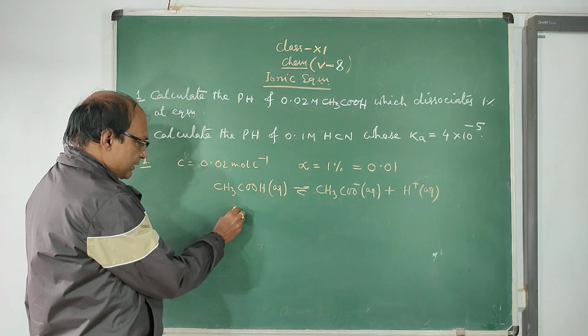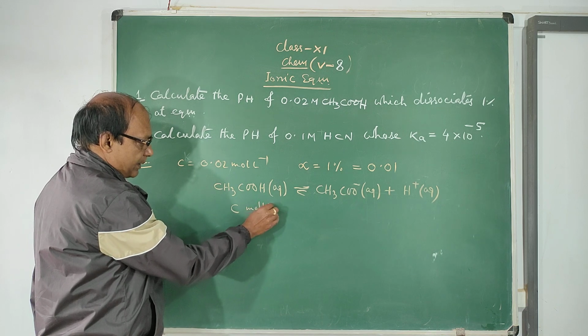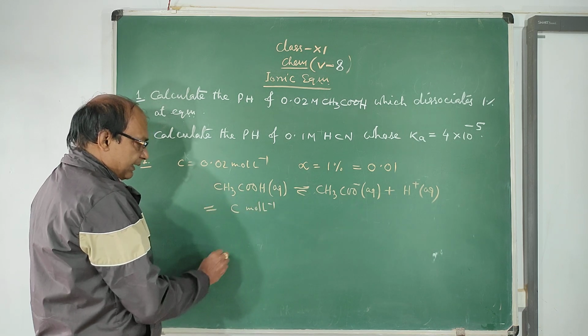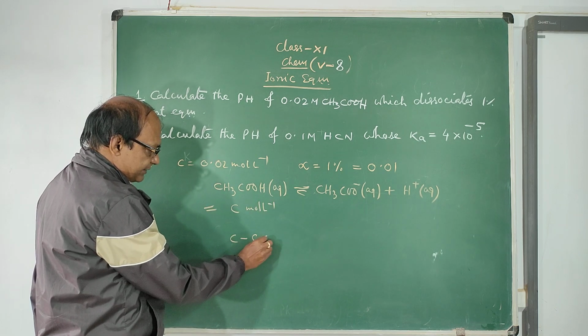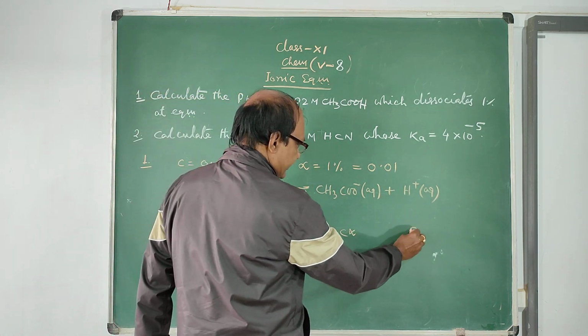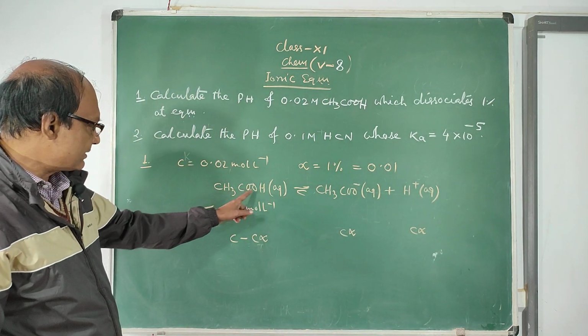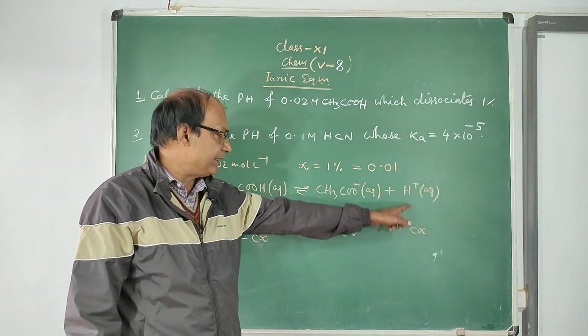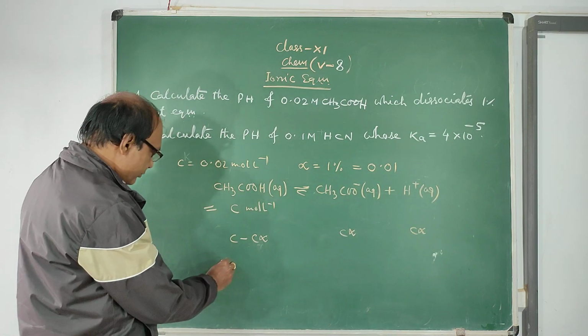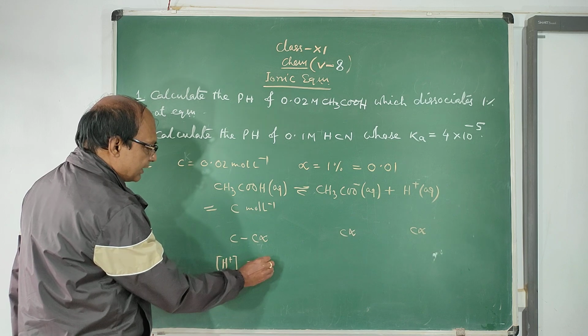In the last class we have also seen it is C mole per liter initially, and at equilibrium C minus C alpha, and this is also C alpha, and this is also C alpha. Therefore, the hydrogen ion concentration of acetic acid at equilibrium is C alpha.